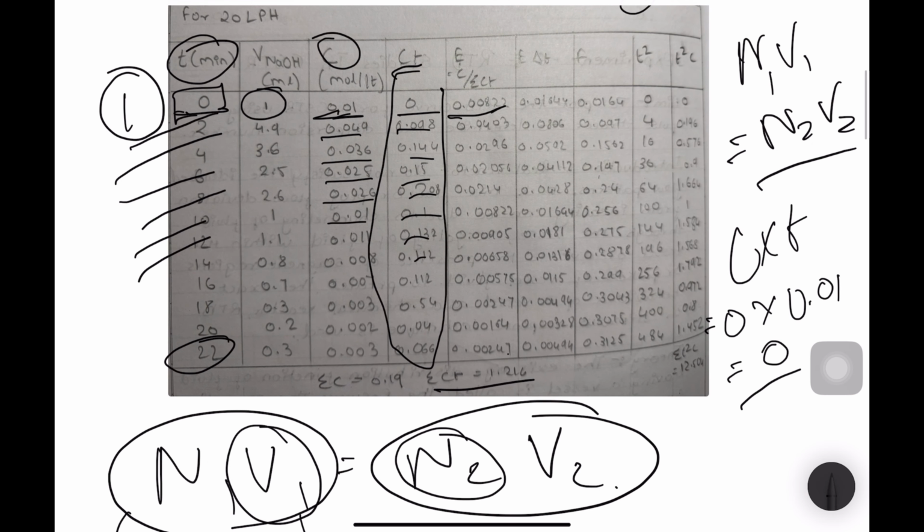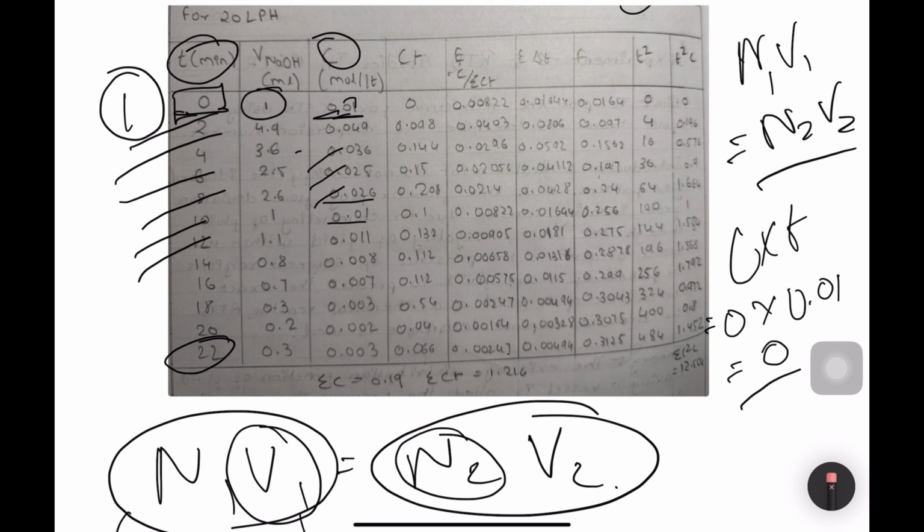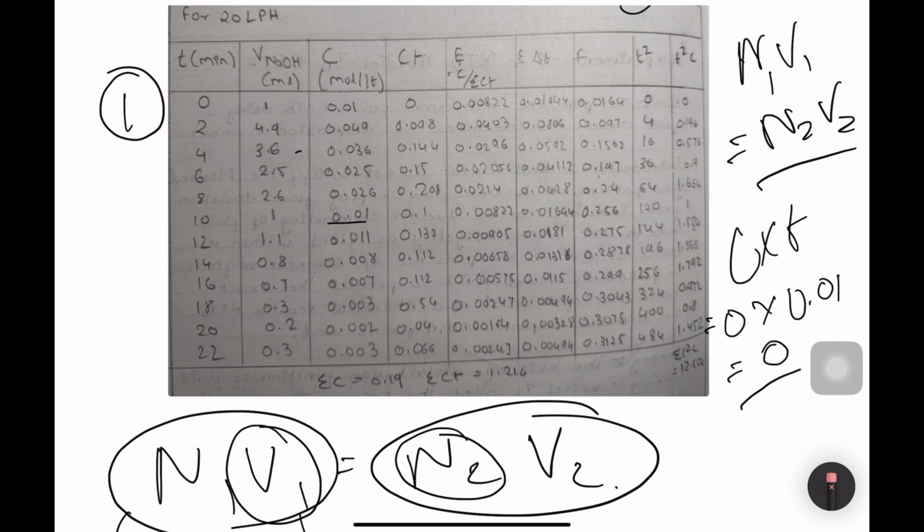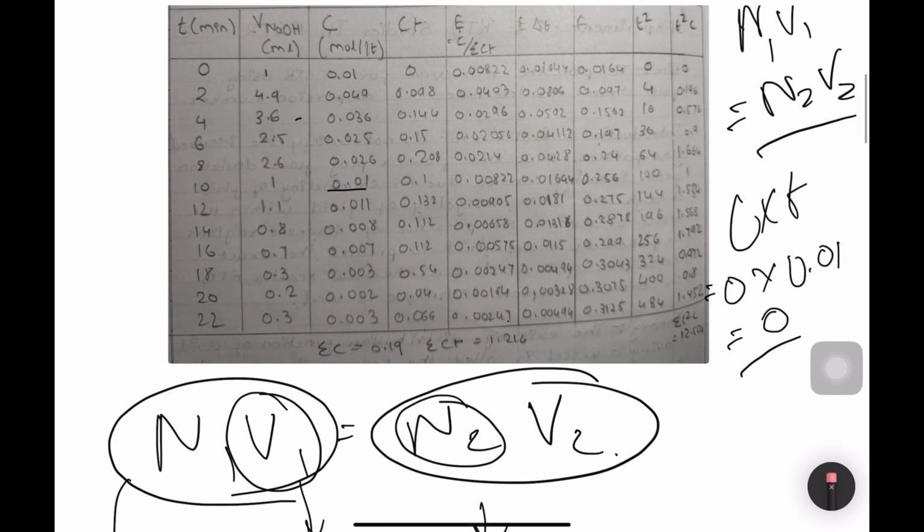For every observation, we have to calculate the E value from this given formula. Just change the value of C and divide it by 1.216. Now next we have to calculate the value of E delta t.